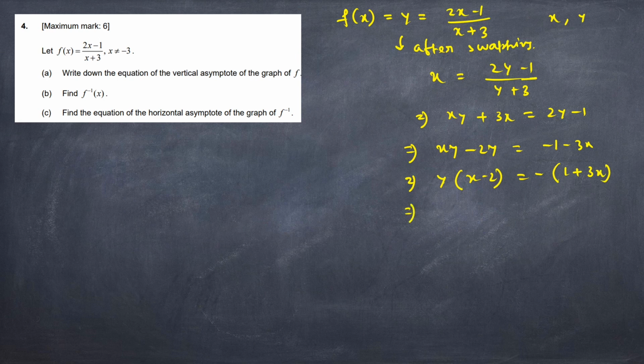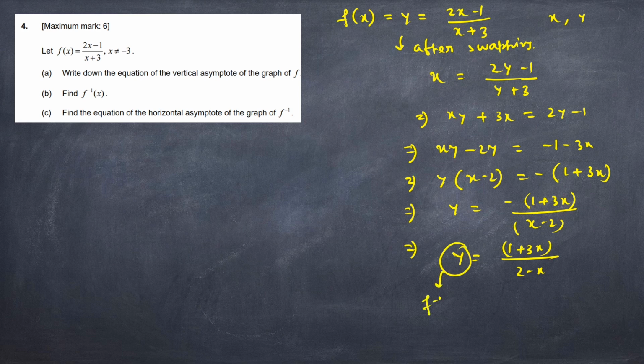So y is equal to minus of 1 plus 3x divided by x minus 2, and multiplying minus 1 in both denominator and numerator, we get 1 plus 3x divided by 2 minus x. So this is f inverse x. You need to remember this part because we need to find the horizontal asymptote also. In this way, this problem is done.